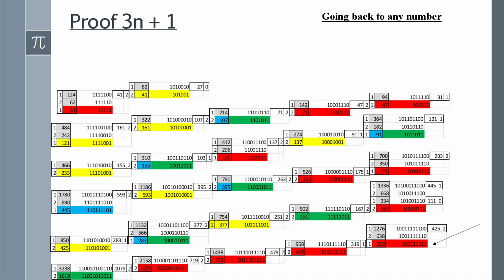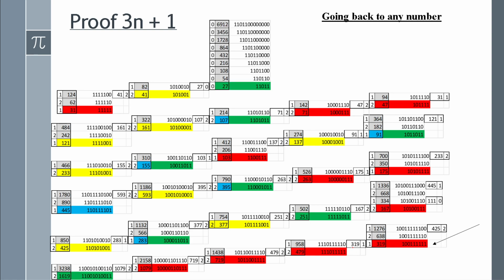Right, so we go from 31 to 41 to 27, and then 27 is a 0 mod 3, so we cannot go to any other odd numbers.